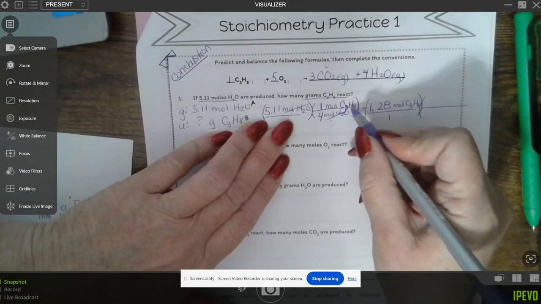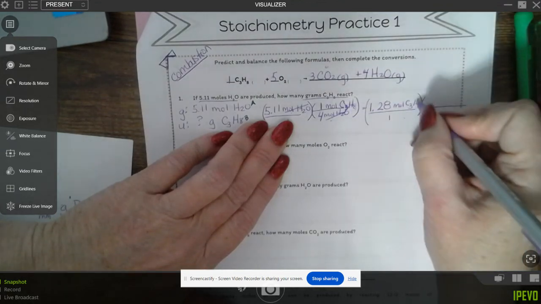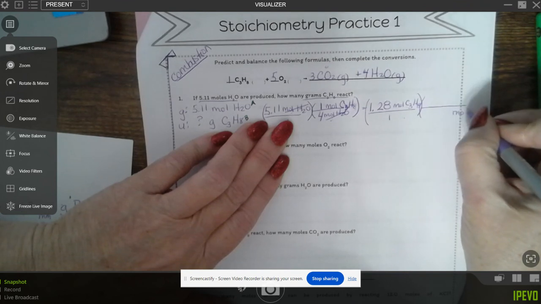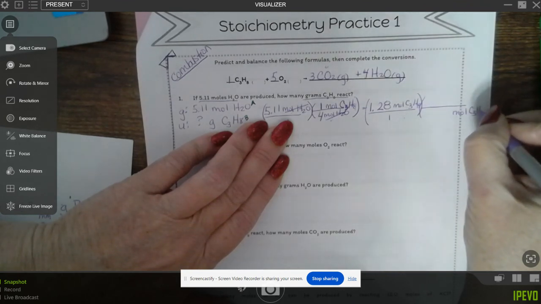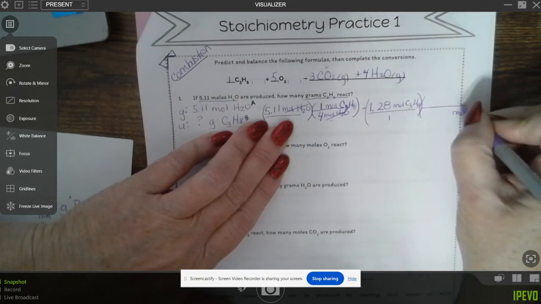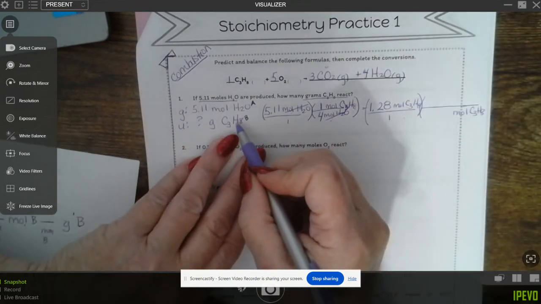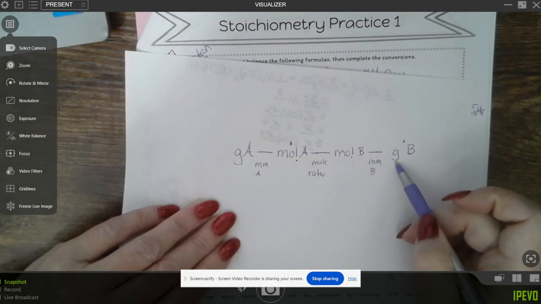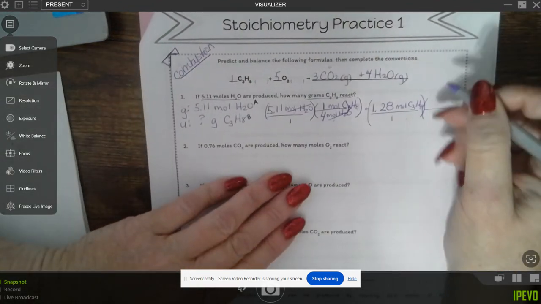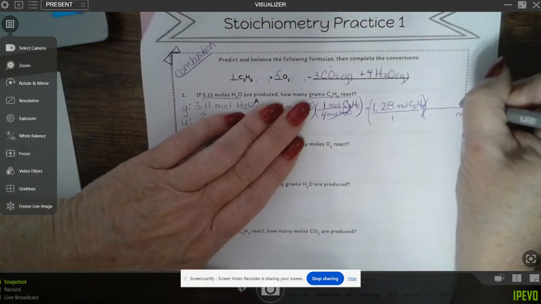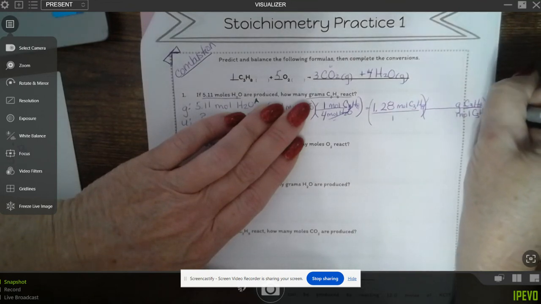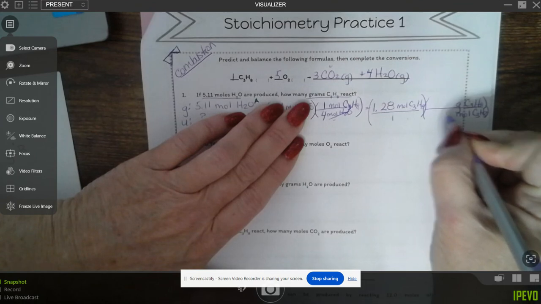So if we've got moles of C3H8, we want moles of C3H8 over here on the bottom. And then on top, we want grams of C3H8 because that's what we're trying to find. So grams of C3H8. Okay. And this is where we use the molar mass.